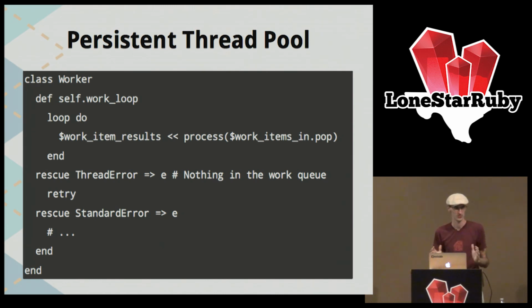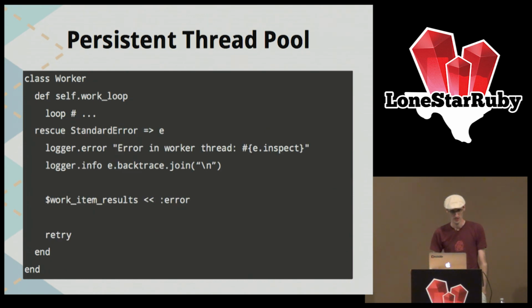That's like exceptions as flow control, but that's the way Queue is implemented, and it's something you just have to deal with. The other thing is, because we want these threads to be alive as long as the Ruby process, they need to be bulletproof.